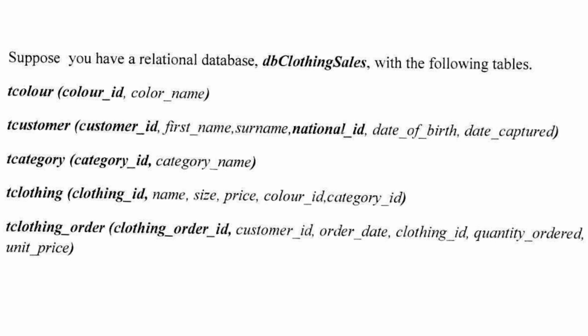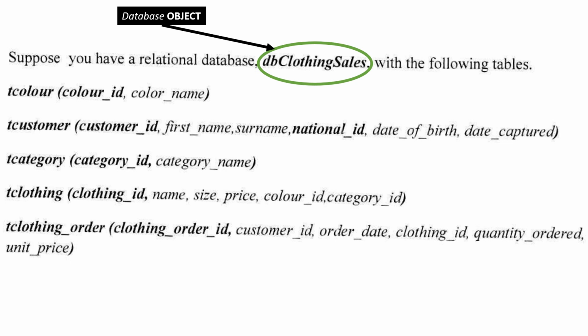So this is it. Suppose you have a relational database called DB clothing cells with the following tables. The moment you get to DB clothing cells, you know that this is a database object. So whenever you observe that we have a database object, you must remember that database objects are manipulated by data definition language.